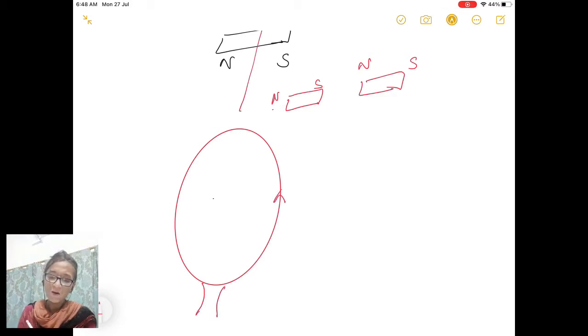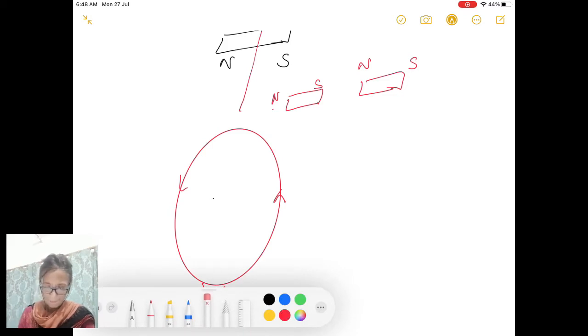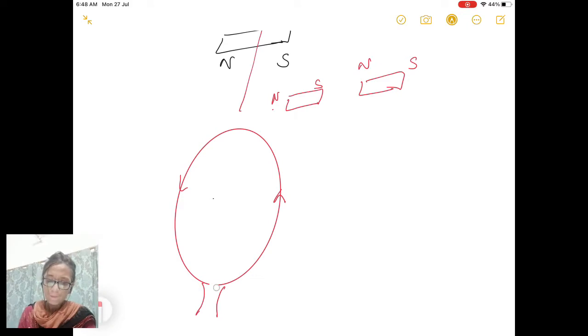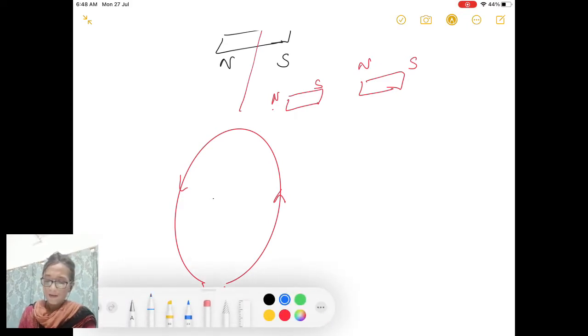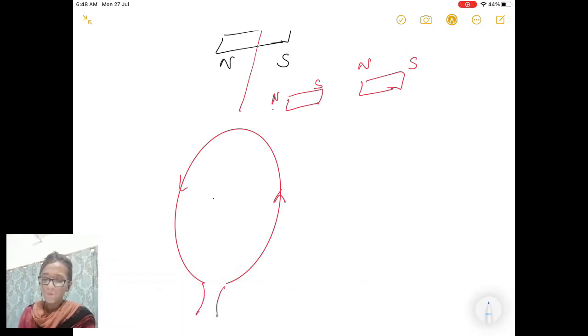Current is going along this way, it is coming along this way. Okay, I have drawn the circular loop. And we are interested to find the magnetic field at this point P, which is at a distance x from origin O. The radius of the coil is R.